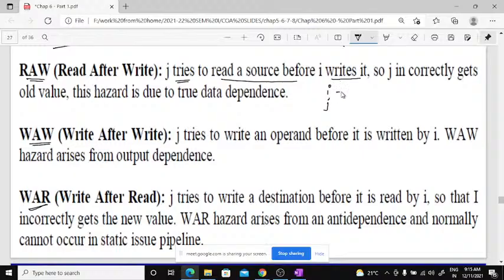Here there is an instruction, for example, add R1, R2, R3. Then subtraction, suppose subtract R4, R1, R5. I hope this instruction is visible.